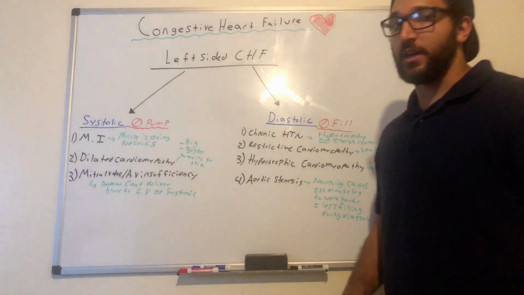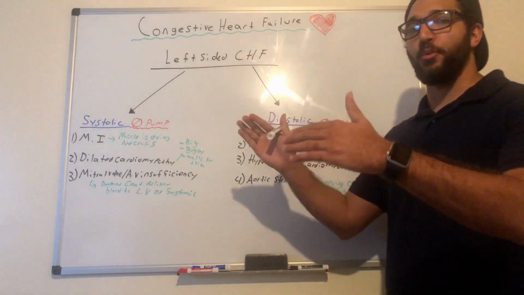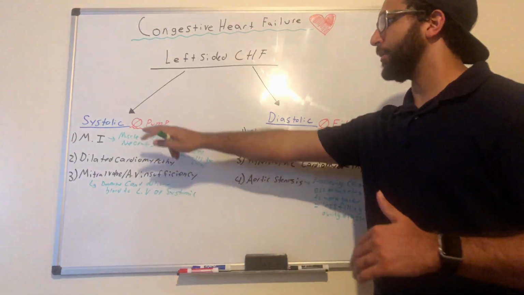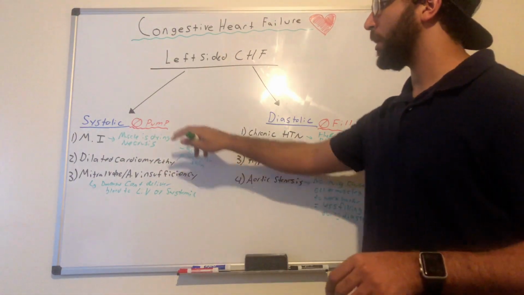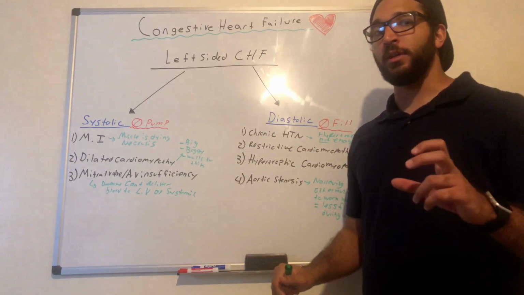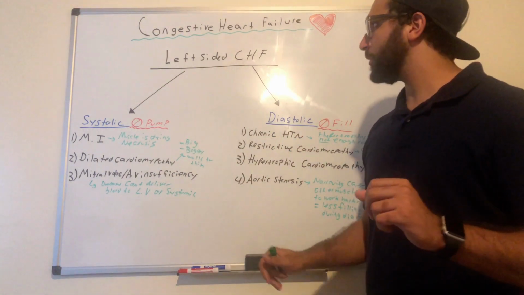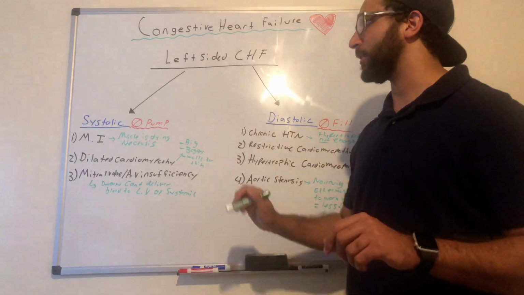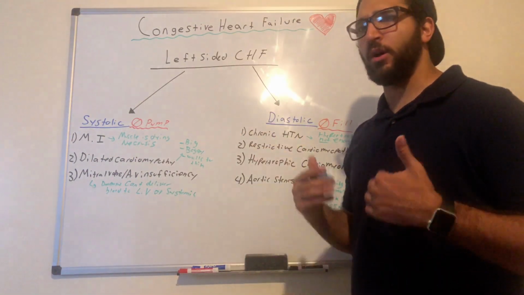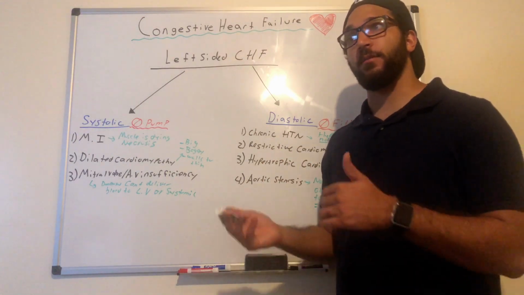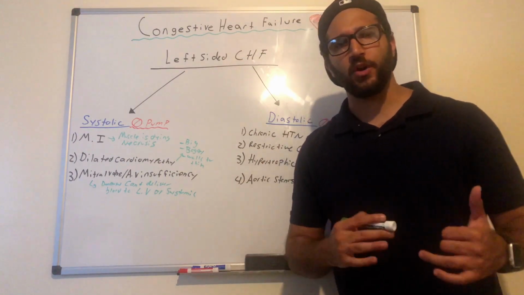Okay, so for left-sided congestive heart failure, it's important to separate it into two separate factors: systolic and diastolic. So let's talk about systolic really quick. Systolic is the inability for the heart to pump. The first cause of systolic left-sided heart failure is myocardial infarction. So why wouldn't the heart be able to pump if the patient experienced a myocardial infarction?